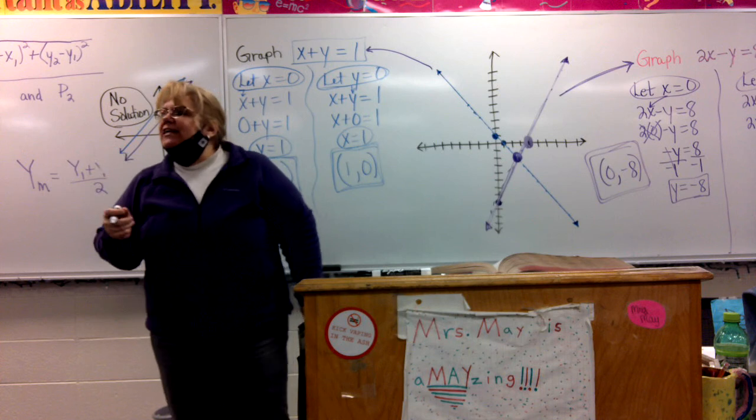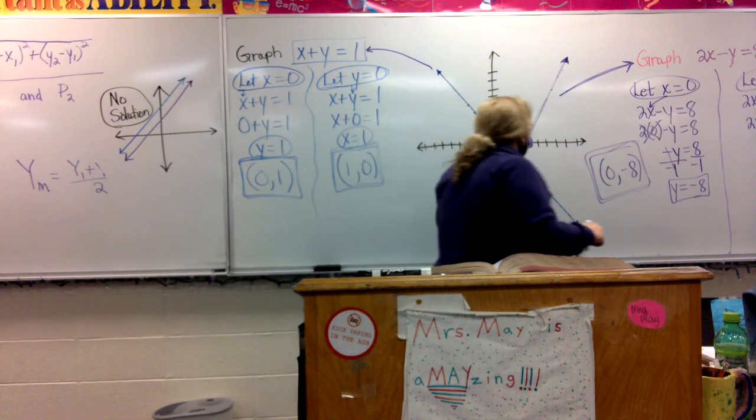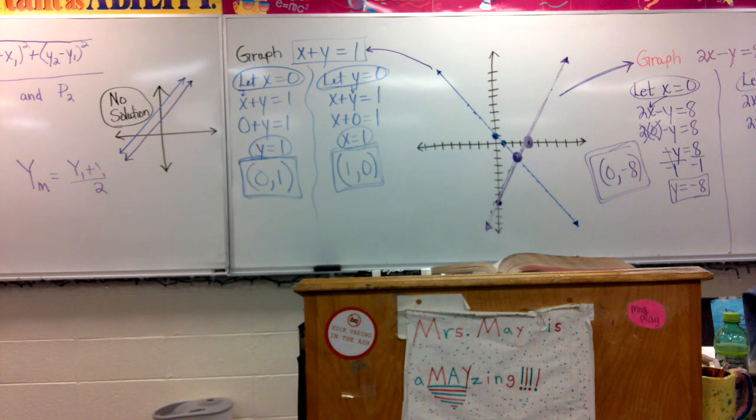One other thing I want to tell you, actually there's two other things. This point where they cross, all the problems I picked, they will cross at whole numbers. Now, your x and your y, you might get 2.5 and 0 for your x and y.